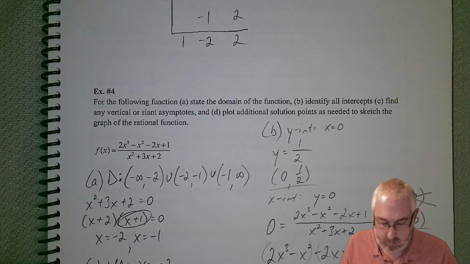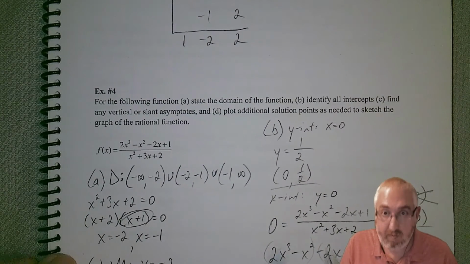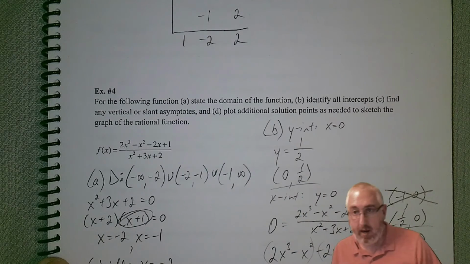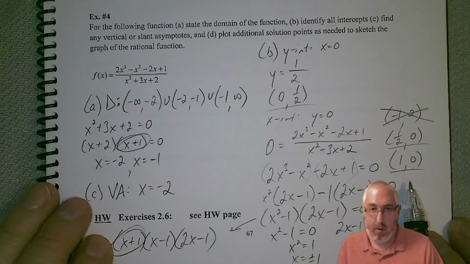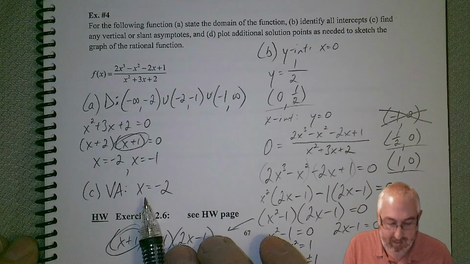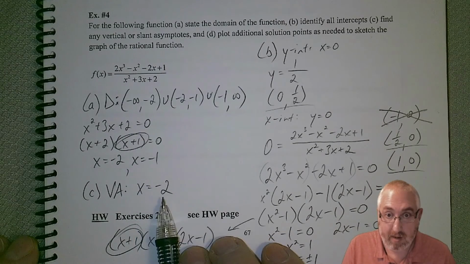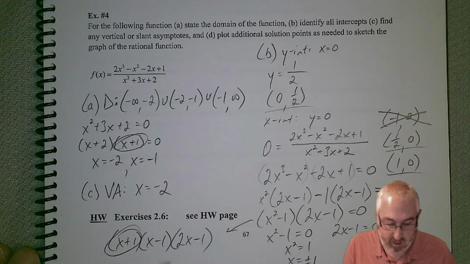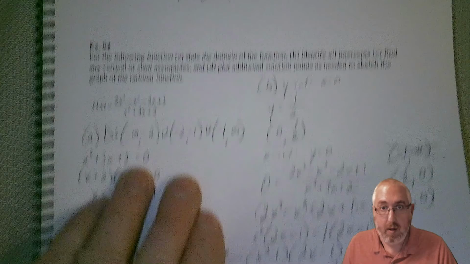So let's just make sure we have a visual of everything. So 0, 1/2, and we got my head in the way of 1, 0. We have a vertical asymptote at x equals -2. We have some zeros in here. So we got a lot of information to go off of.